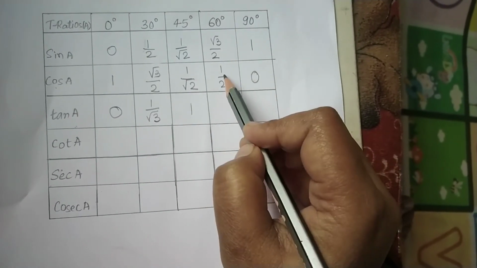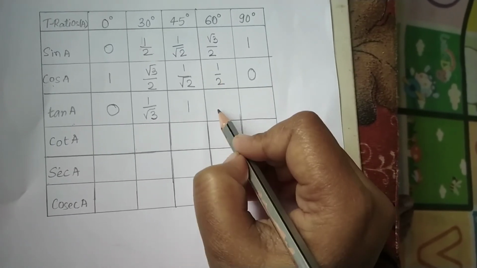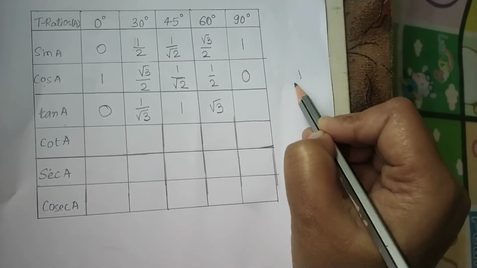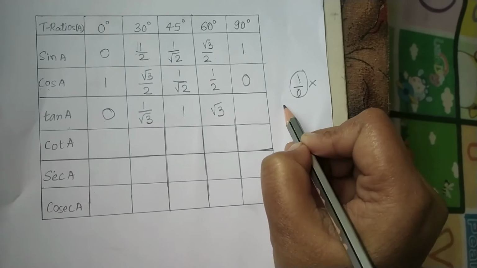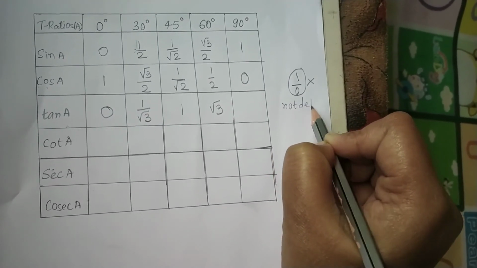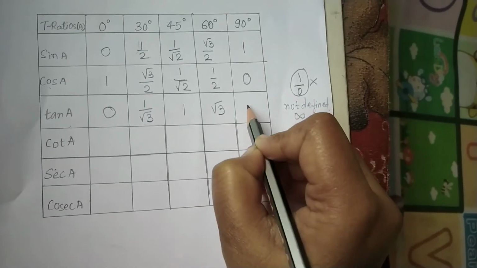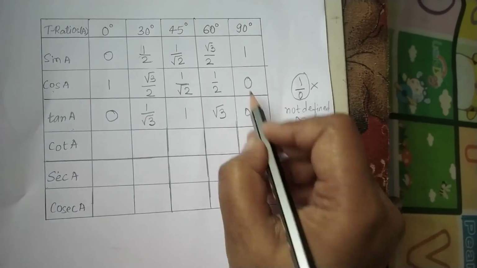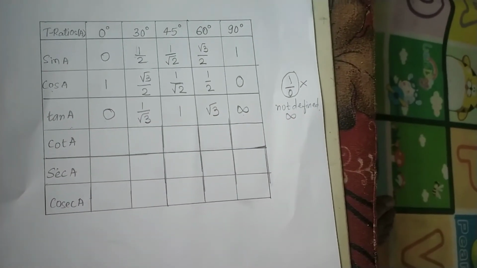Root 3 by 2 and 1 by 2: 2 and 2 get cancelled and what remains is root 3. 1 by 0 is not defined. Or we can write it as infinite. The value of tan 90 is infinite or not defined.